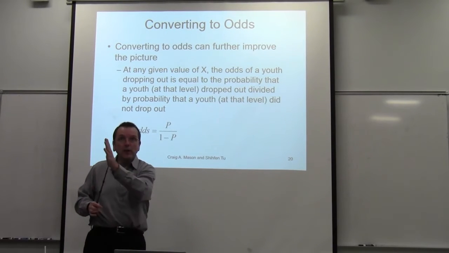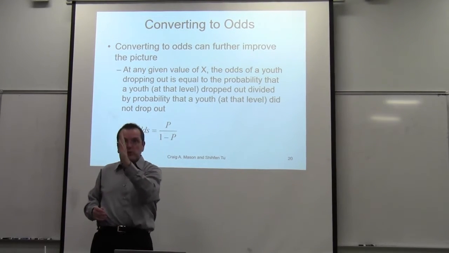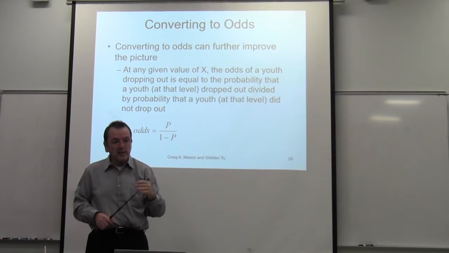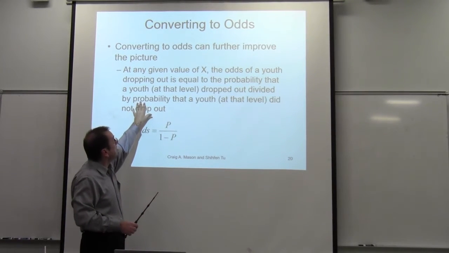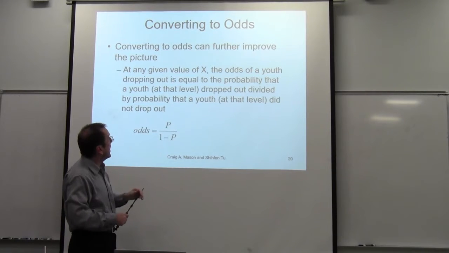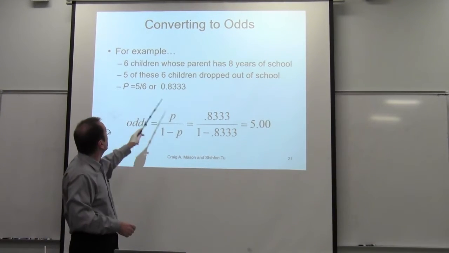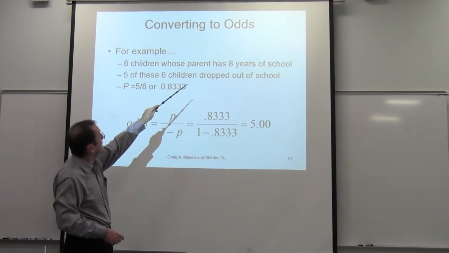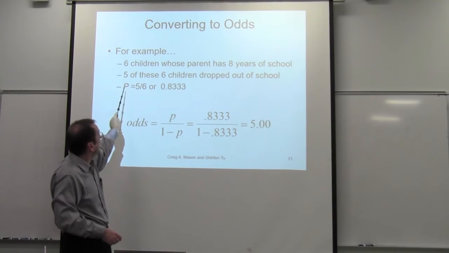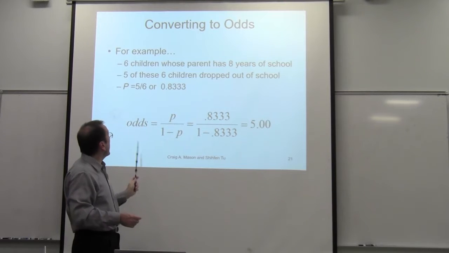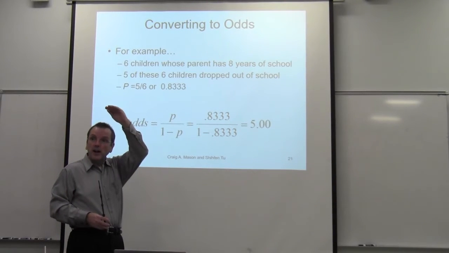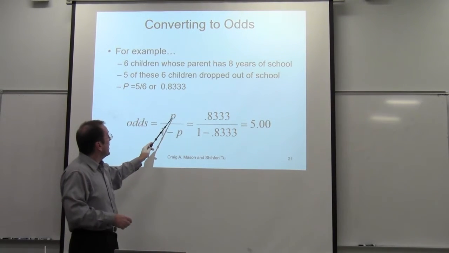So instead of looking at the probability for each value of x, we can look at the odds of a child dropping out. For example, we have 6 parents with 8 years of schooling. 5 of them dropped out, as we saw, highly elevated.